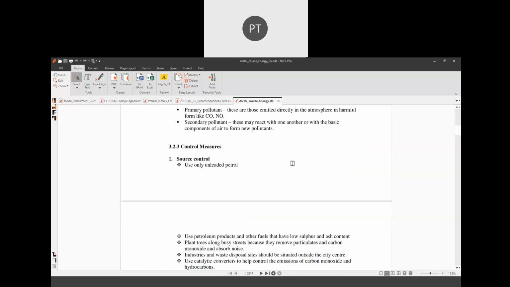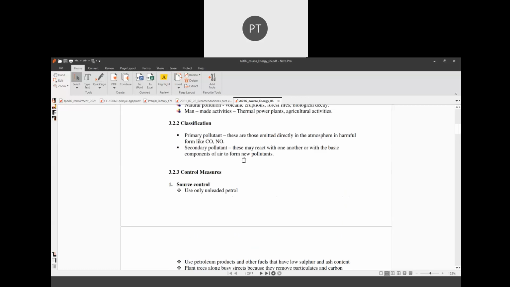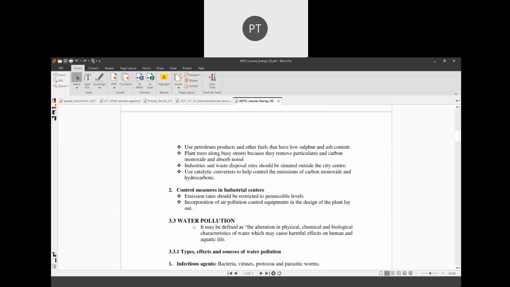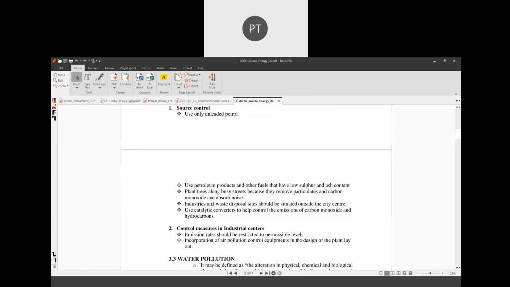There are different sources of control. First, we can use unleaded petrol, so it may prevent pollution. Another way we can prevent this is by using petroleum products and other fuels that have low sulfur and ash content.